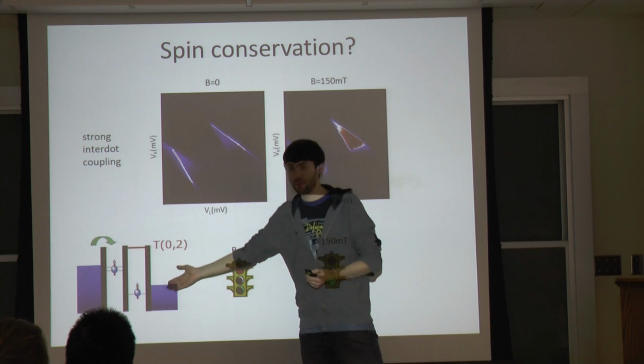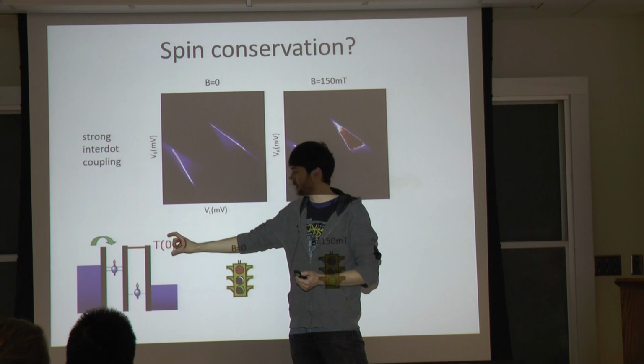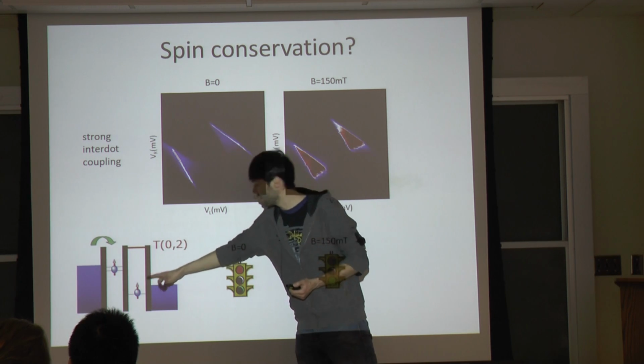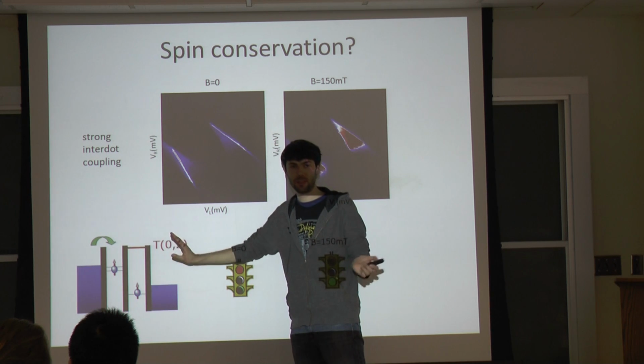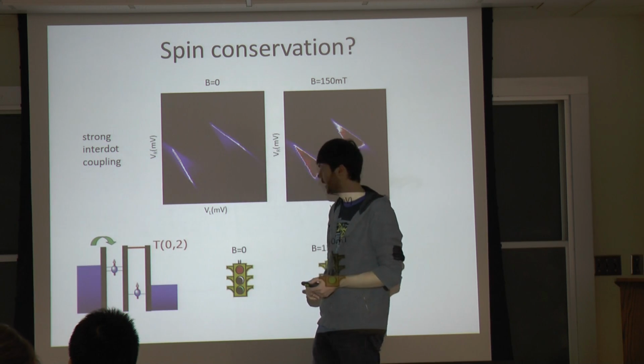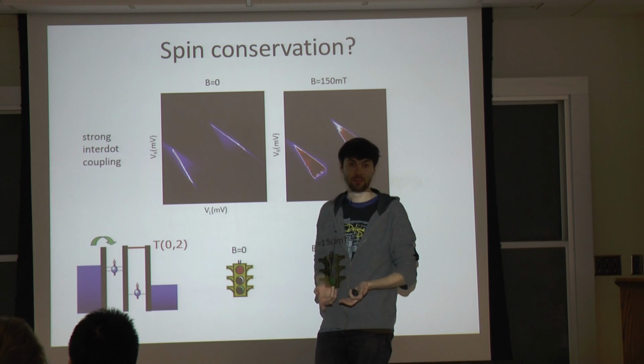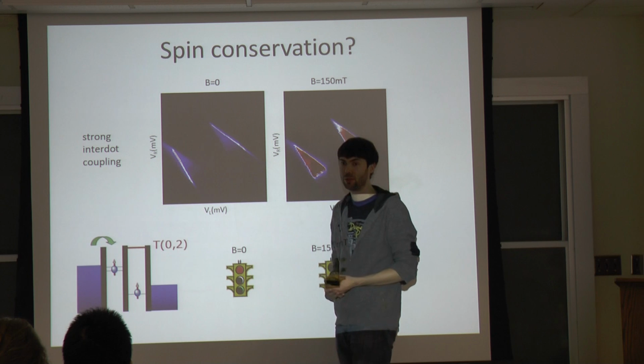We are still in the same configuration. We added some Zeeman splittings, but not large enough to bring this one down. I can tell you that that's not the case. Something else is going on. So why would the current turn on?